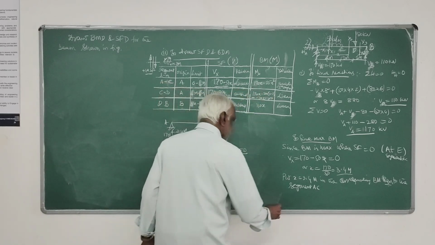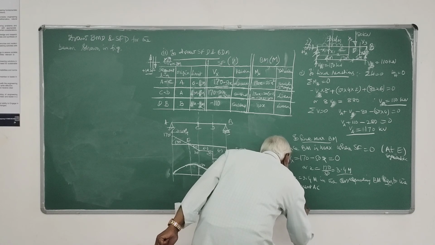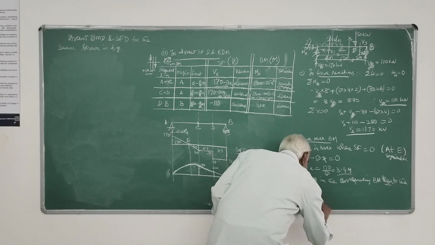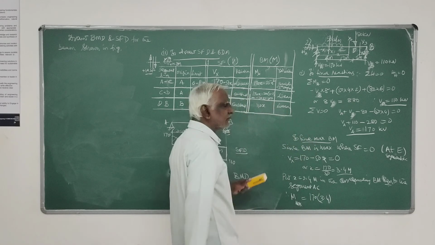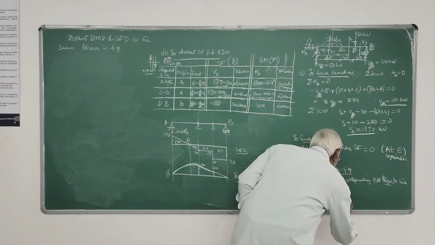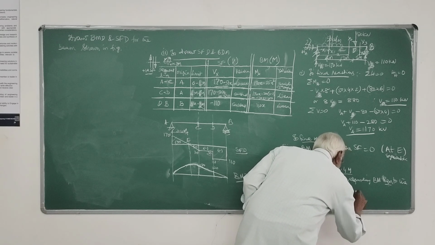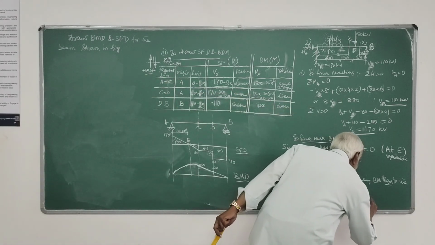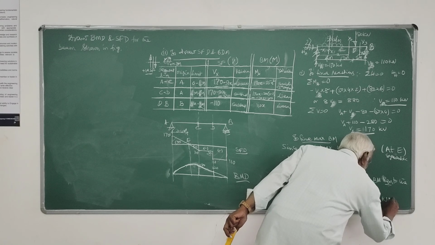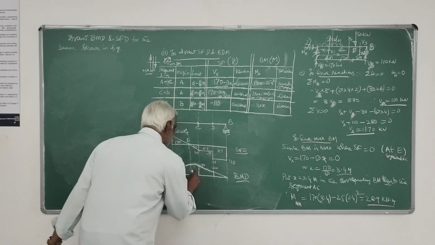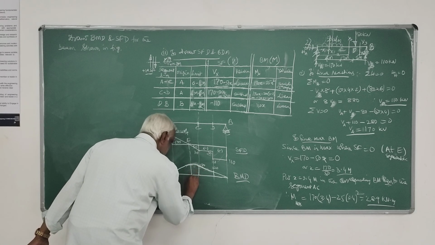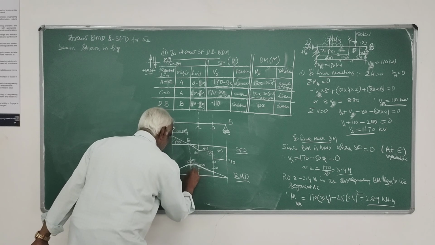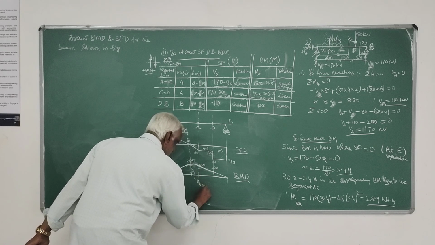Therefore, M max is equal to 170 into 3.4 minus 25 into 3.4 square, 3.4 square is 11.56, which gives 289 kilonewton meter. See, that's why this is very close. Here it is 289, this is M max.